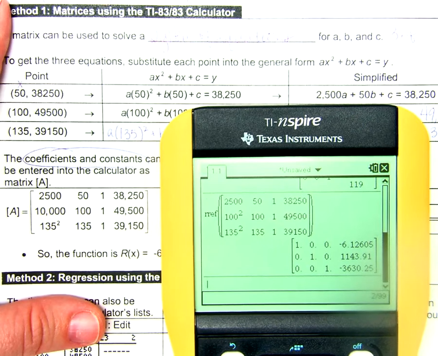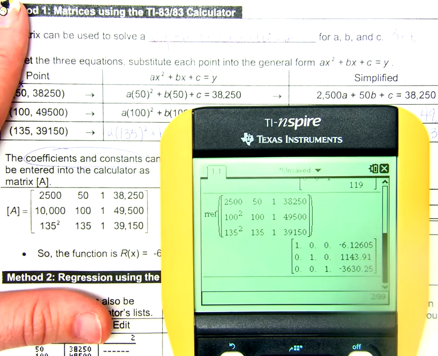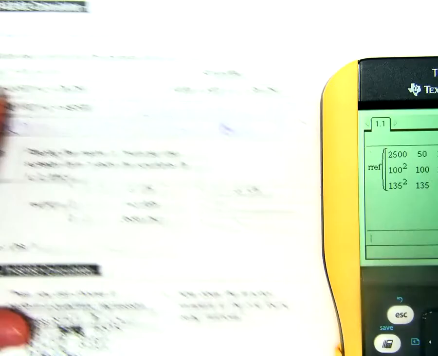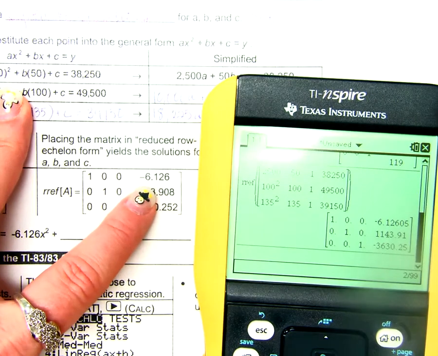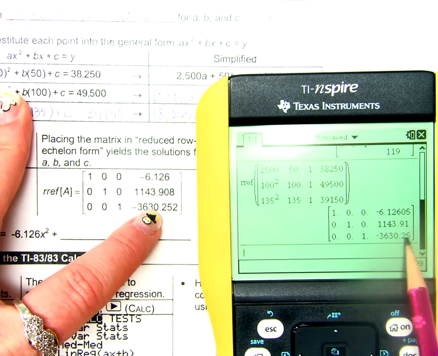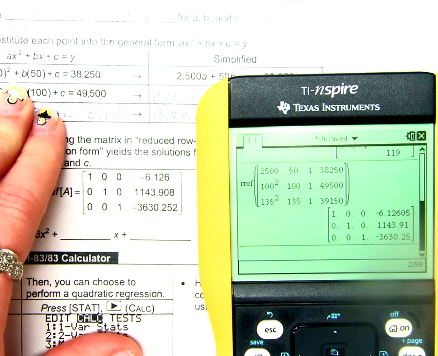And it's not that I don't want to deal with fractions, because fractions are your friends. But we really need the decimals here for this kind of equation. Okay? So what it looks like then, oh look, it looks exactly like what they told us it would look like, doesn't it? Now, ours rounds to 2 decimal places in these second two, so it's slightly different than what they have written, but it's okay.